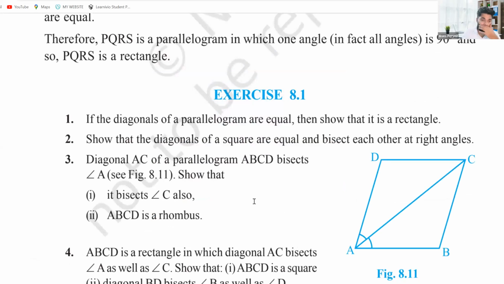Okay, do question number 2. Note the question number 2 in your copy.